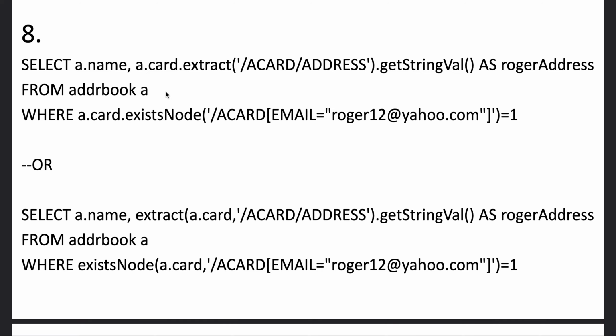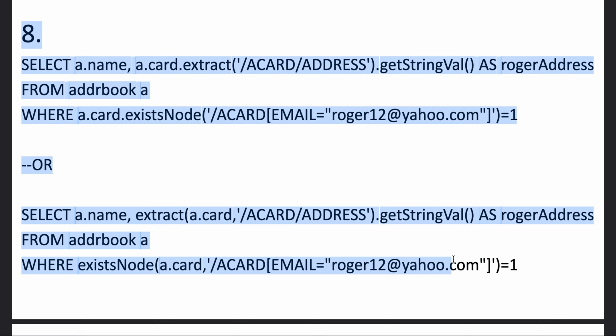Select a.name, a.card.extract, a.card/address, .getStringVal as Roger address from address book A, where a.card.existsNode, a.card/email equals roger12@yahoo.com equals 1, or select a.name, extract a.card address getStringVal as Roger address from address book A, where existsNode a.card email equals roger12@yahoo.com, again equals 1.